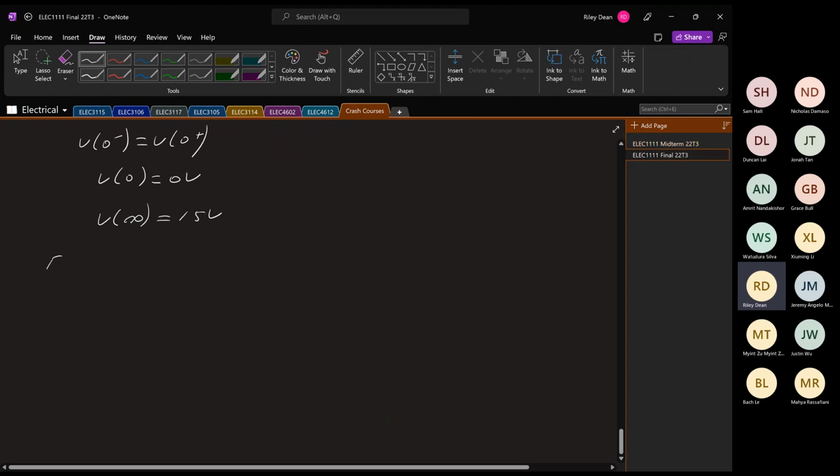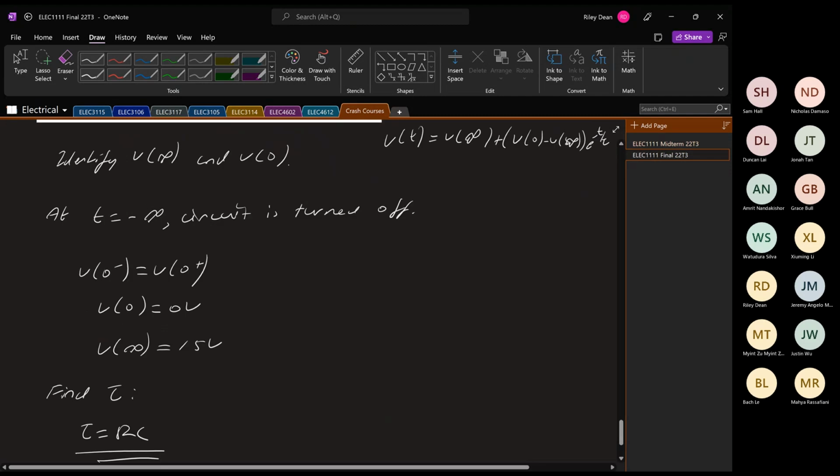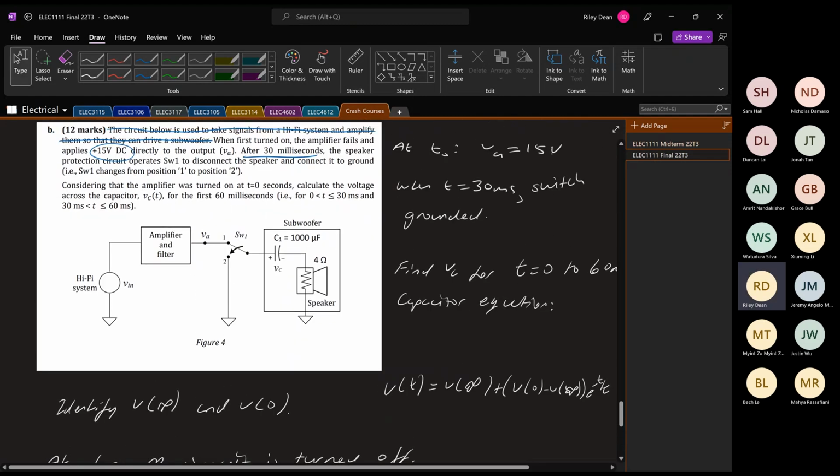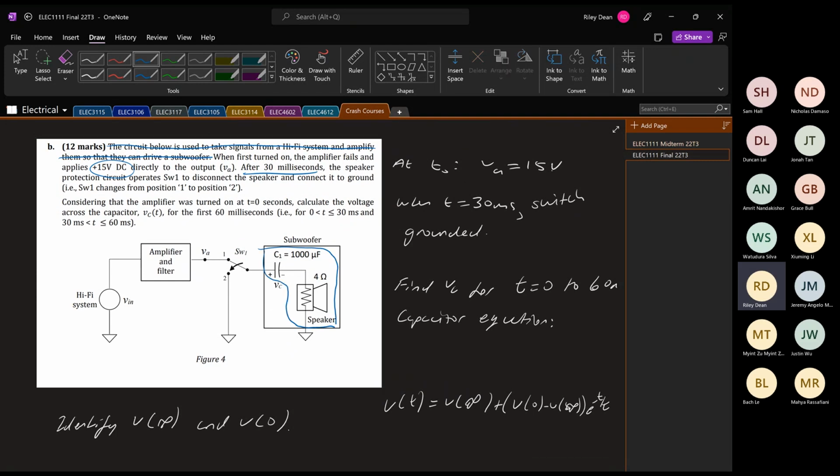Now the next part is we need to find tau. So we know that tau is equal to RC, which is our time constant. So we need to go back up to the circuit and we see in this path here for the subwoofer, we have R equals 4, C equals 1,000 microfarads.